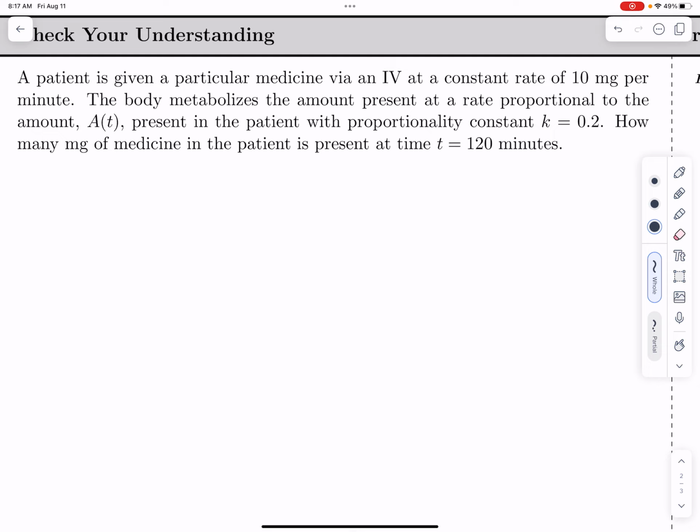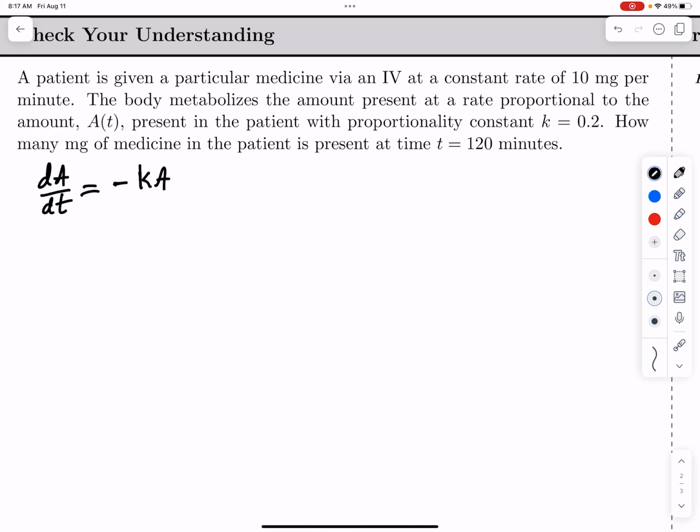Okay, so A is the amount, so if we write ourselves a differential equation, it's going to be dA/dt. It says it's metabolizing the amount that is present, and the amount present would be A. So if it's proportional, that's minus kA, right?